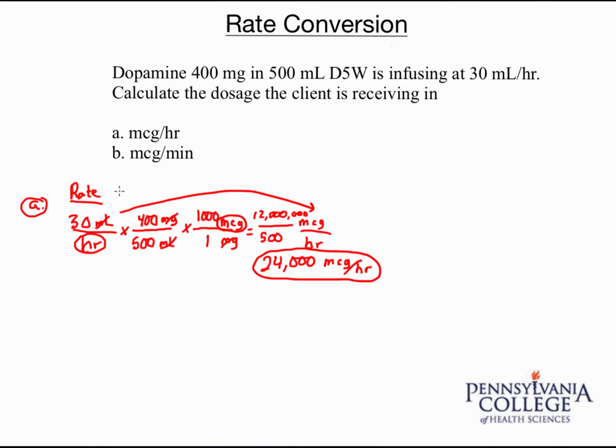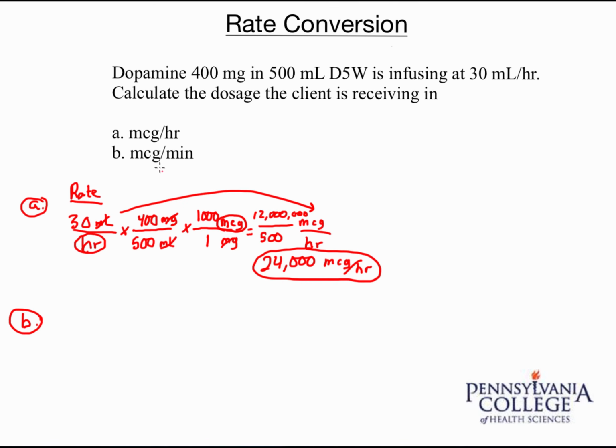So I knew the patient was receiving 30 mLs every hour. I was able to convert that to milligrams, and then from there I was able to convert that to micrograms. I see that the patient's receiving 24,000 micrograms every hour. I could use this information for part B.